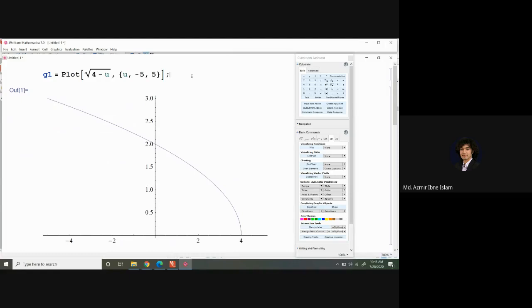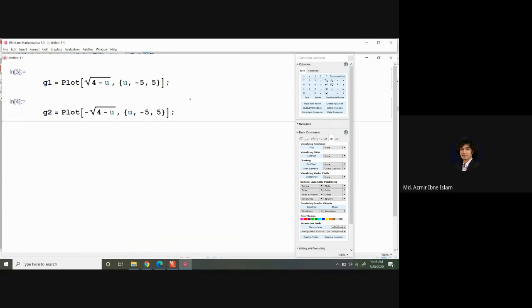Here the semicolon means that the final output is not shown. Finally we can have a look at the graph: Show G1, G2. Okay, let me correct this one.